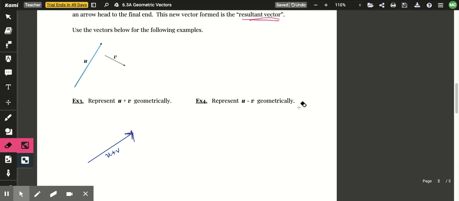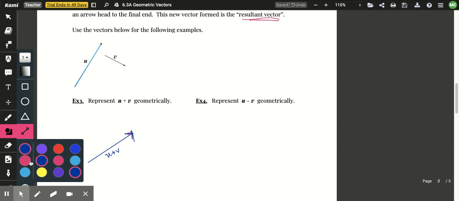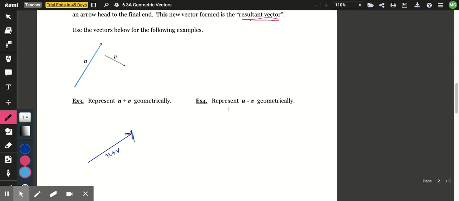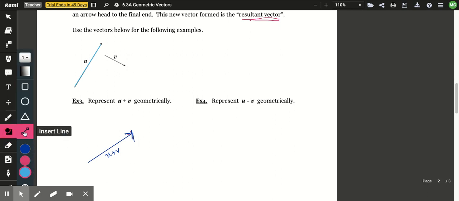Okay, so now we're going to do u minus v geometrically. So again, I'm going to start with the same colors that I used before. So for vector u, I'm going to start drawing that one. I want it to look like the one that was given. So it needs to be about the same length and going about the same direction.